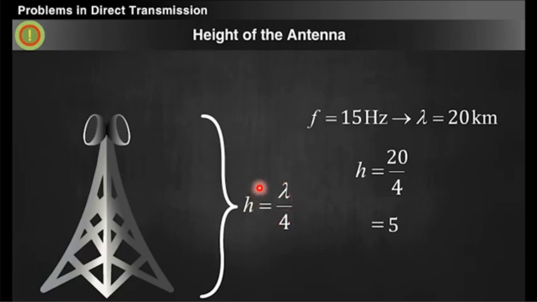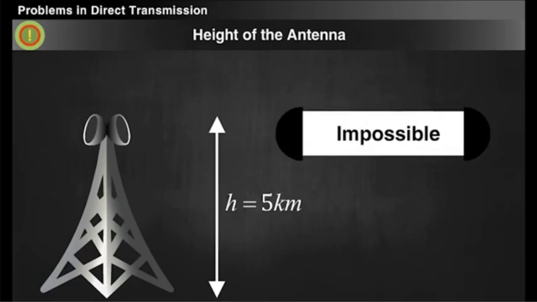If we consider sending a low frequency of 15 kHz, the wavelength is 20 kilometers. Then 1/4 of the wavelength is 5 kilometers. Thus, we need to design an antenna with a height of 5 kilometers in order to transmit a 15 kHz signal. So, it is practically impossible.